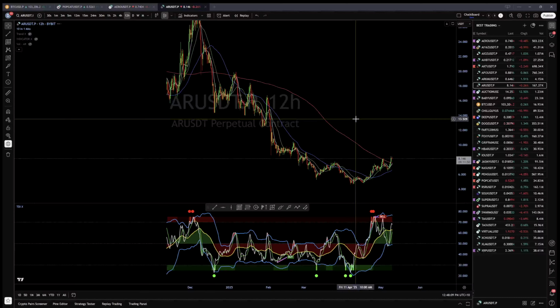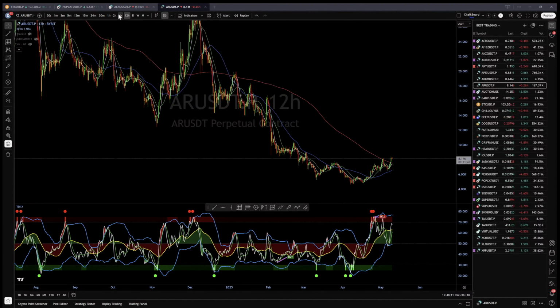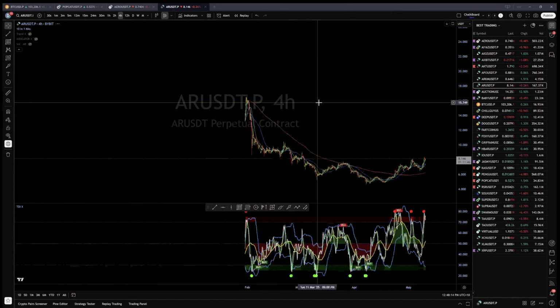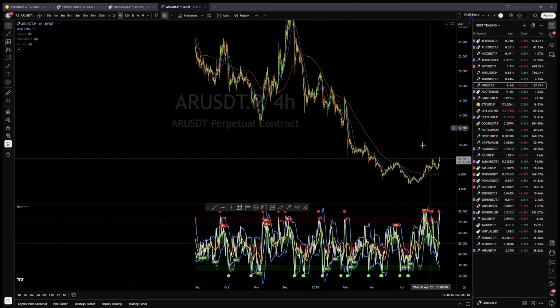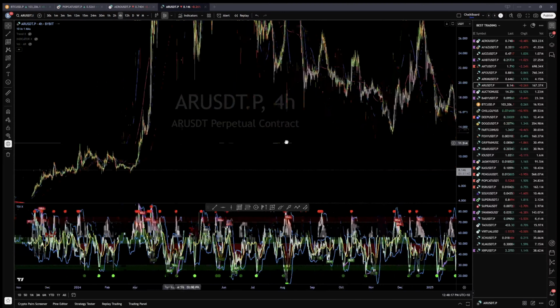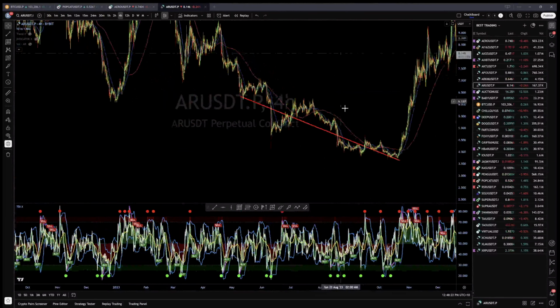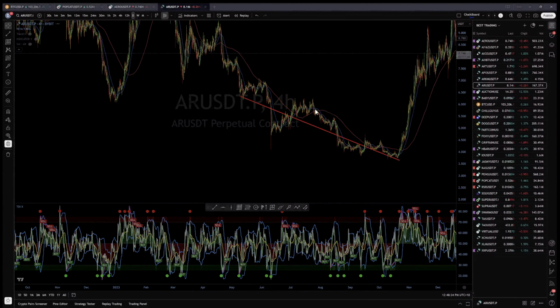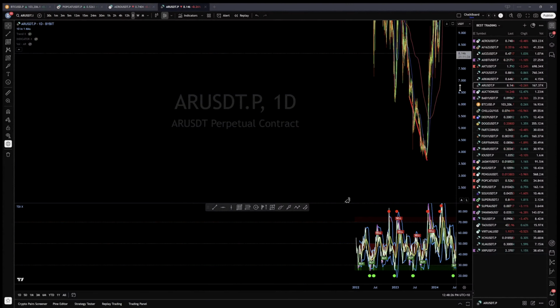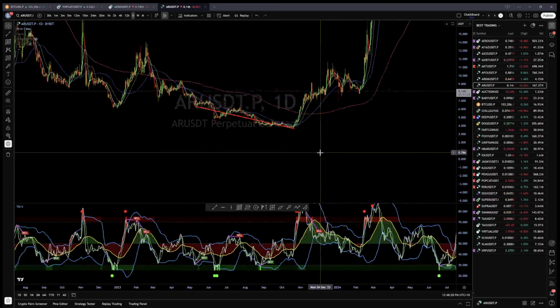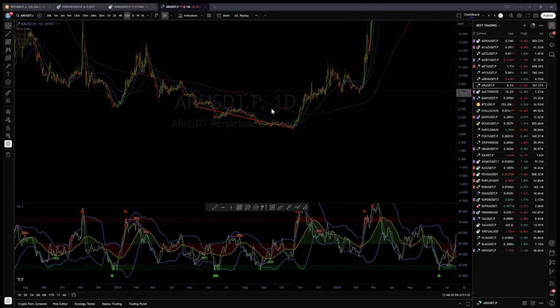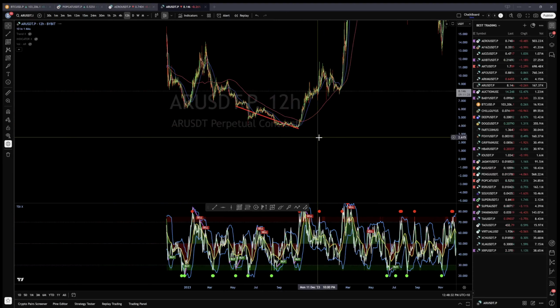I could just show these all day. That one's not a good example because it's just not a big move. Here's one over here. I wonder what time frame this was. AR. No, it must have been a different time frame that I was looking at when I saw it.